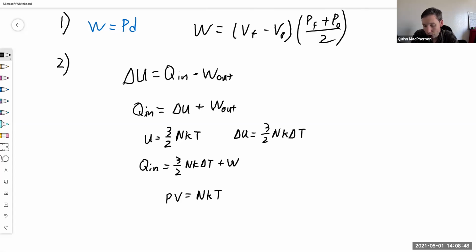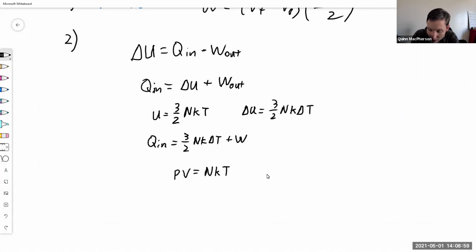So you can do that for the initial temperature and the final temperature, and you'll see that NK delta T is P final V final minus P initial V initial. So we can write this as Q in is equal to 3/2 times P final V final minus P initial V initial.